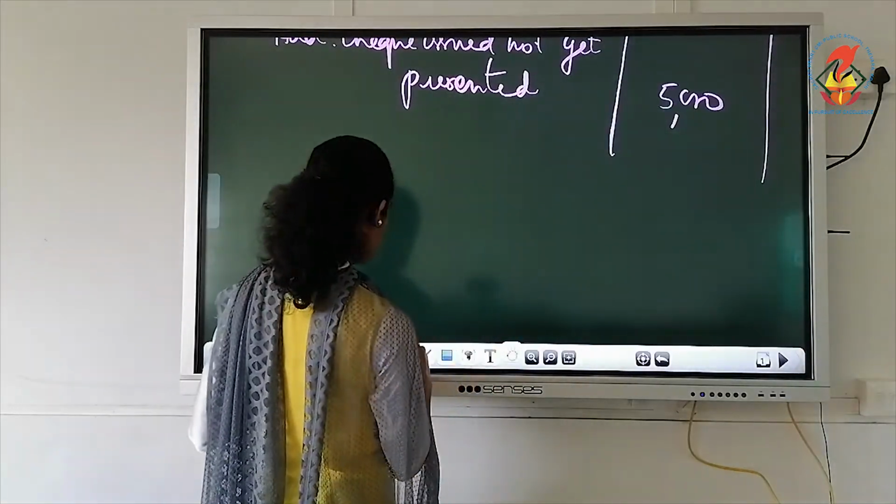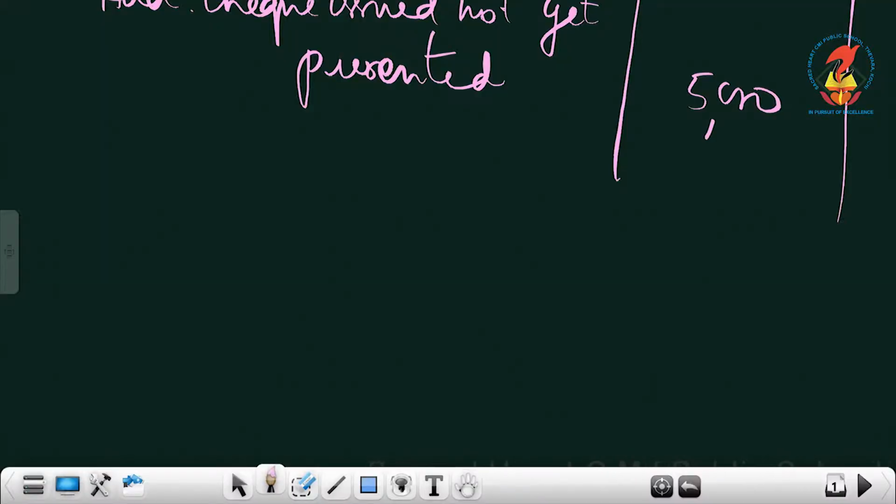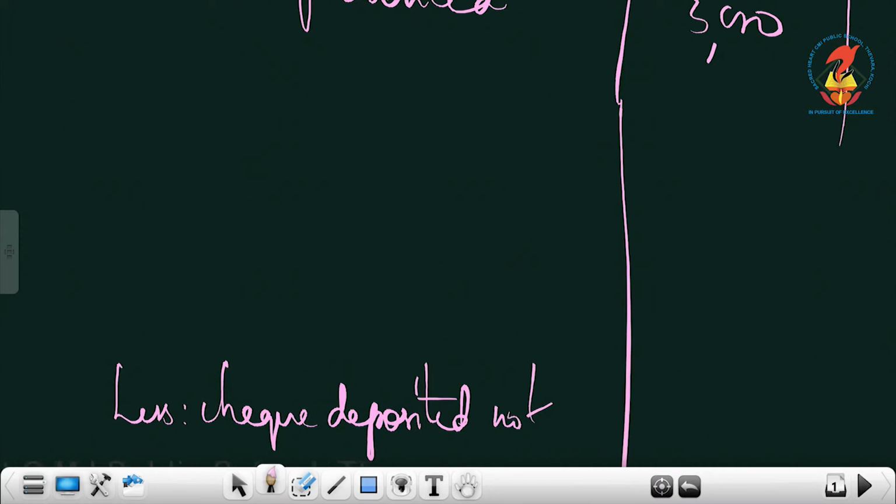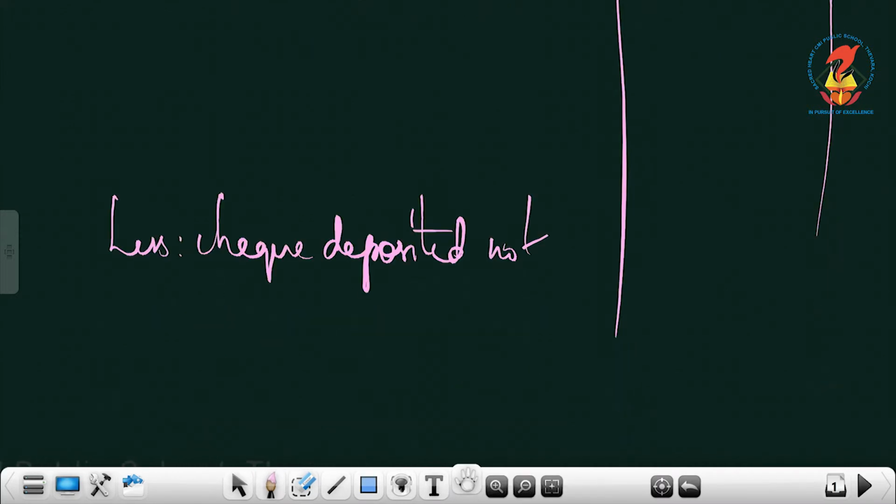You have to read the sentence very carefully. So leave some space here and then write less check deposited not collected. Actually, when you draw, your particulars column should be big enough.